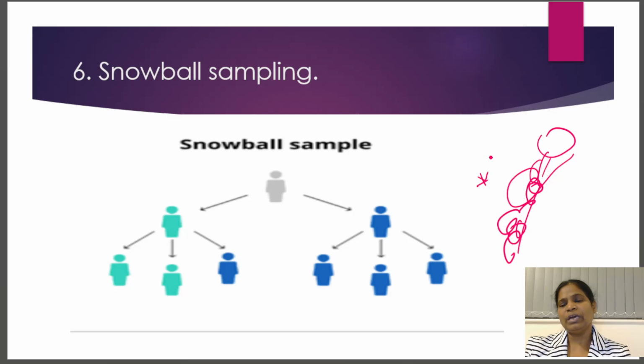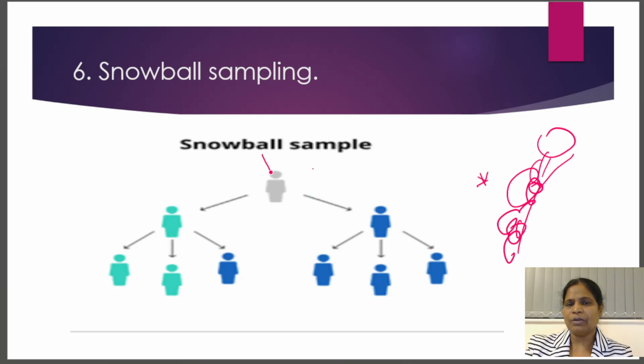In the same way, to identify the sample when it is very difficult, what we try to do is first, for example, if a researcher wants to do some study on drug abusers or persons who are addicted to some drugs, or alcoholic addicts, it's difficult to find where the other ones are.